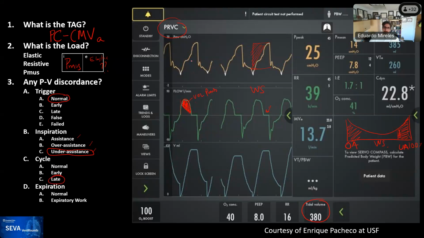The comment you're making is that from this period of time, if we follow this line up here all the way over here, all this pressure that you see is essentially not assisting the patient. Even though there's pressure, there's no movement of volume, and so there's no work. It's just pressure being imposed on the circuit because the patient is either relaxing the respiratory muscles or whatnot. Is that what you're trying to comment, Ariel?